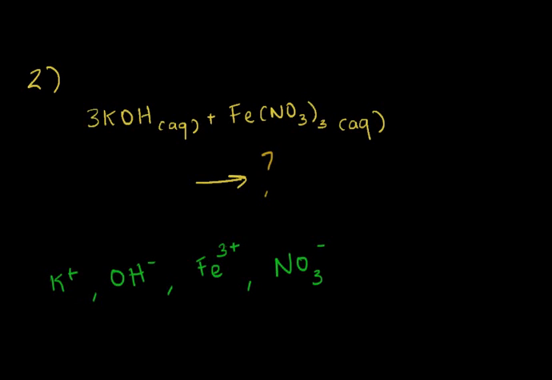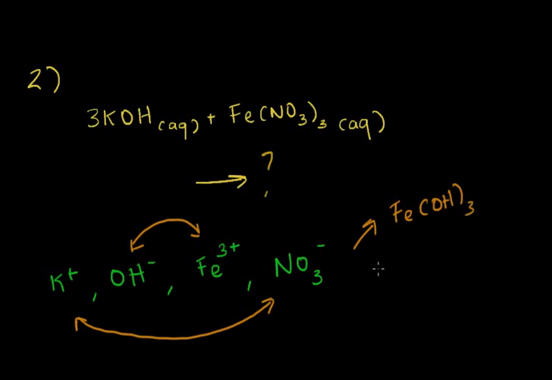So we know with certainty that if this reaction occurs, potassium is going to combine with nitrate, and hydroxide is going to combine with iron. So we're going to have 2 products formed, 2 resulting compounds. We're going to have iron hydroxide and potassium nitrate.